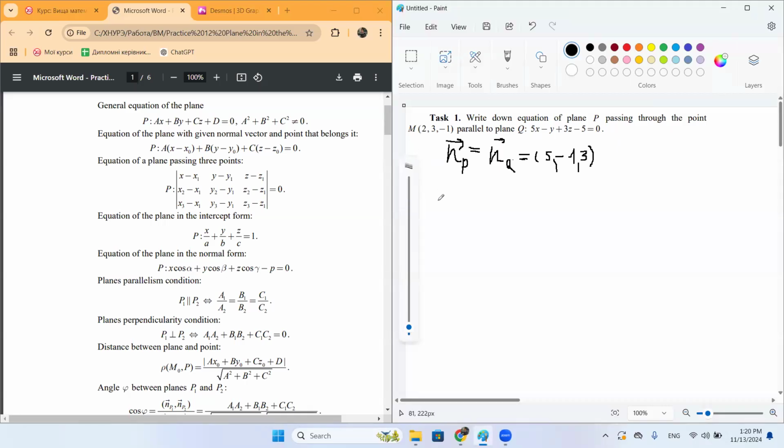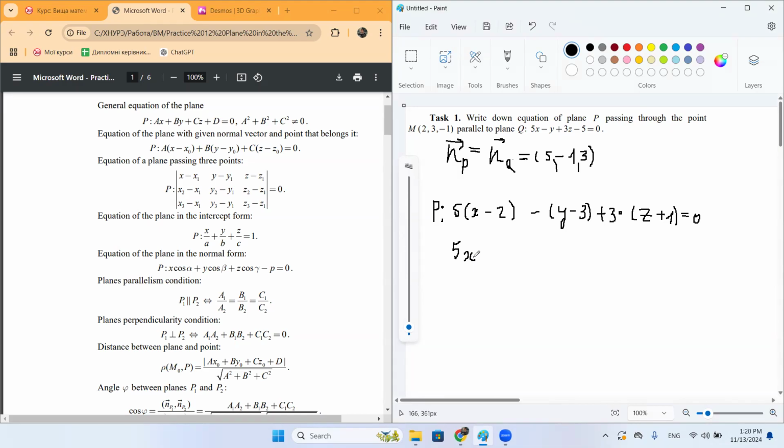And we know coordinates of the point M, so writing down the equation. 5 by x minus 2, minus y minus 3, plus 3 by z plus 1, and it equals 0. Now let's expand brackets.